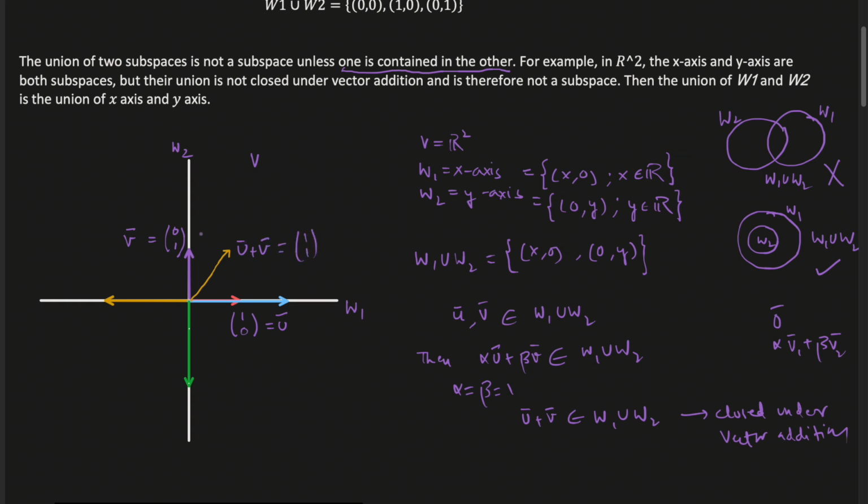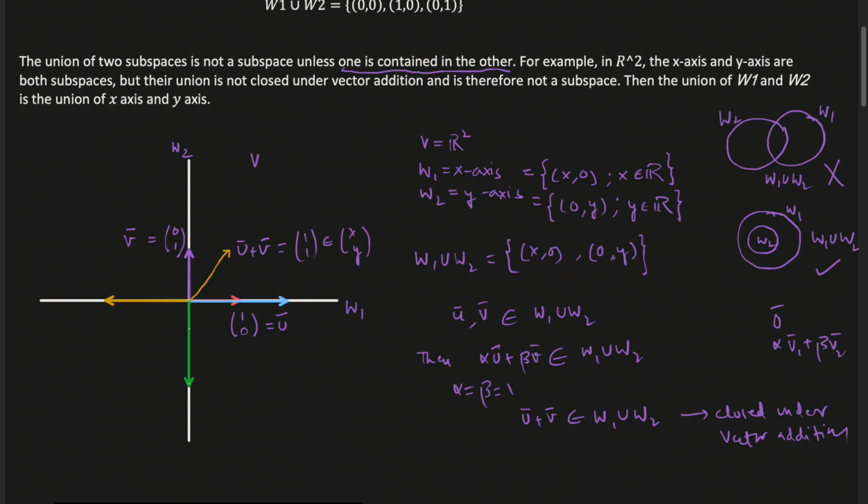So is it lying in the union? No, it is not lying in the union. Why? Because this u plus v belongs to the vector x comma y type, but the union of W1 and W2 doesn't contain these types of elements. It only contains either x comma 0 or 0 comma y.